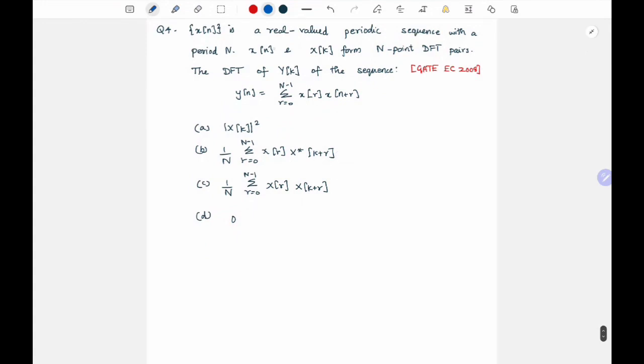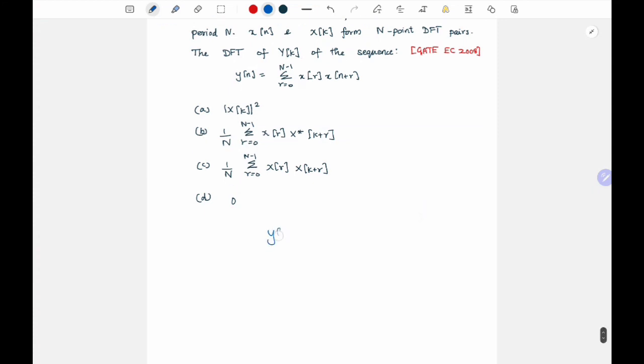So x of n is a real valued periodic sequence with a period n. x of n and X of k form n-point DFT pairs. The DFT Y of k of the sequence y of n equal to summation r equal to 0 to n minus 1 x of r x of n plus r. So we need to find the DFT of this.